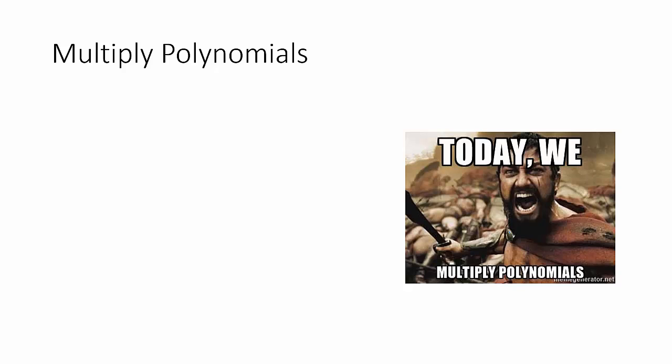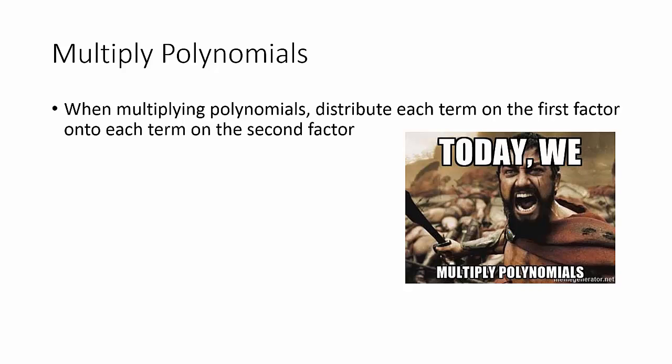All right, but now today we multiply polynomials times polynomials. This is the meat, the really important stuff. When multiplying polynomials, we are going to distribute each term on the first factor onto each term on the second factor.